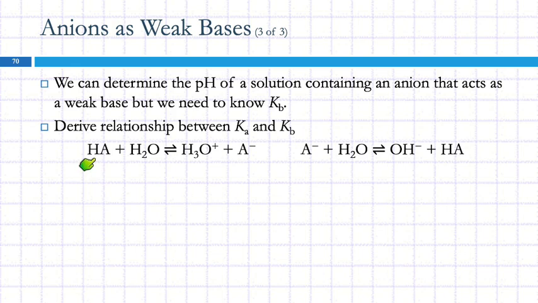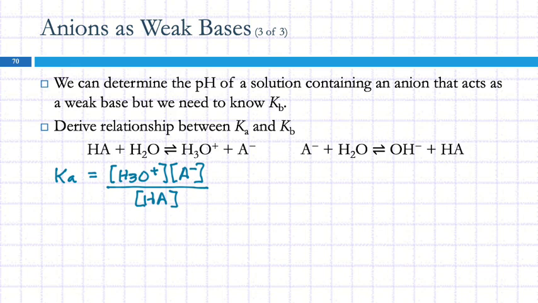So here we have an acid ionizing, right? And so we can write an expression for Ka. Ka is H3O plus times A minus divided by HA. And we don't put the water in there because it's a liquid.